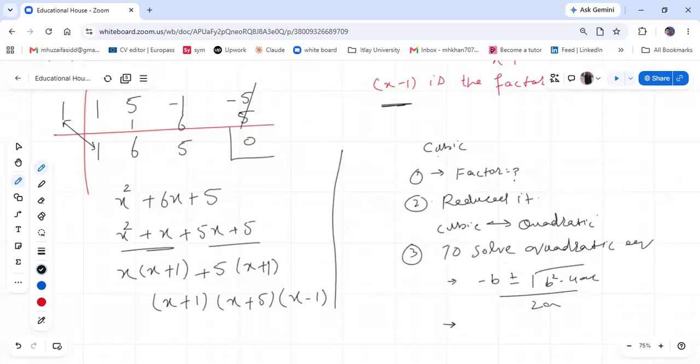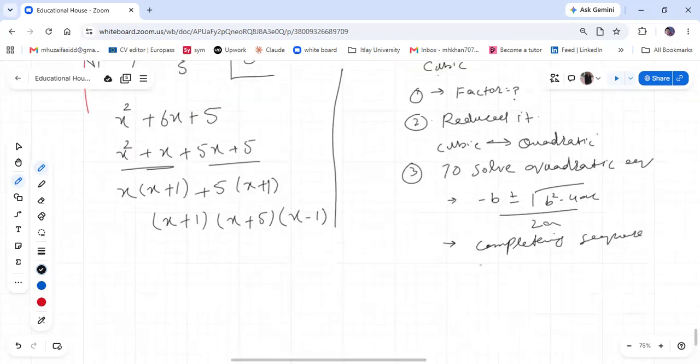Second is completing the square, as we already discussed in previous chapters, and the third step is factors. But most probably we are using factors. Got it?